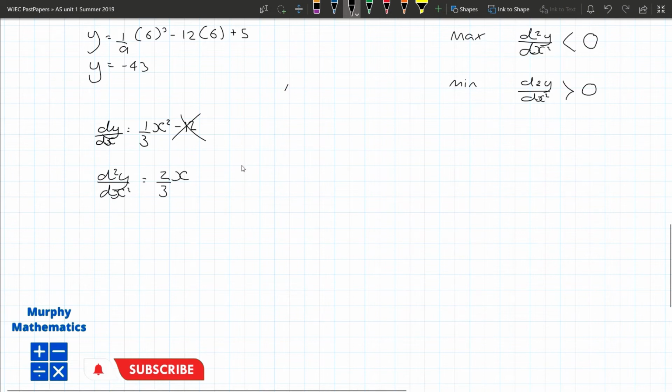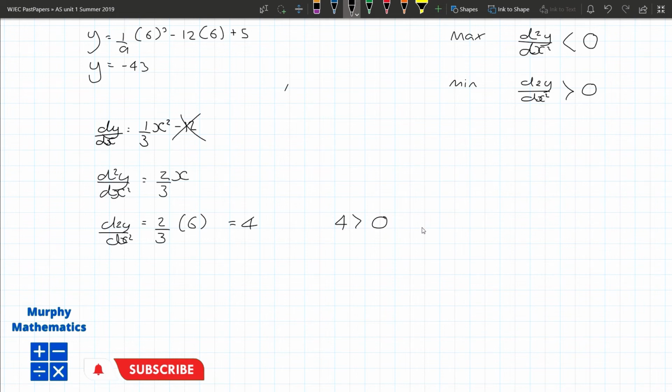So when I have 2/3 times 6, d2y dx squared, that is going to be positive, so 12 over 3, which is just going to give me 4, and I know 4 is greater than 0, so that's my minimum point.